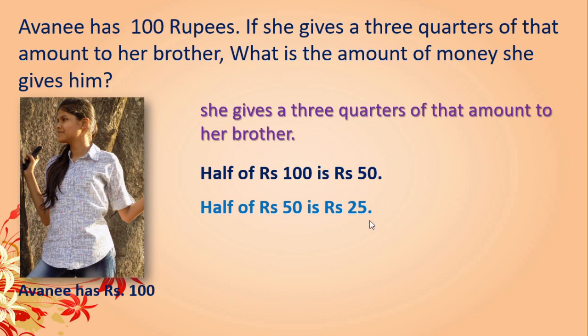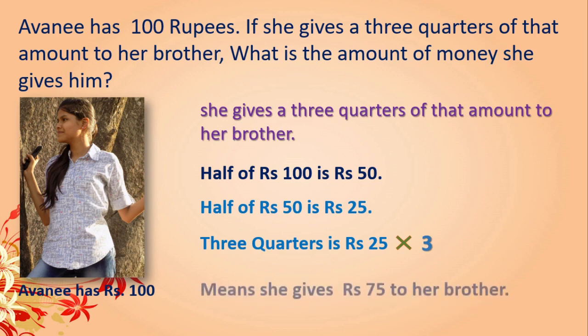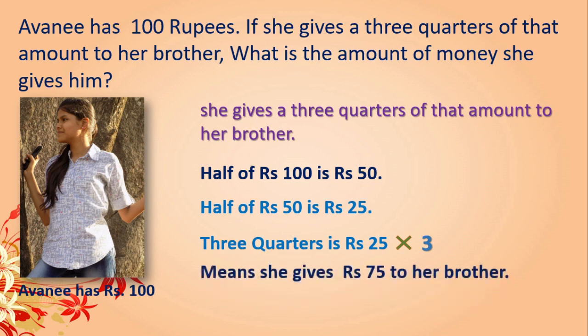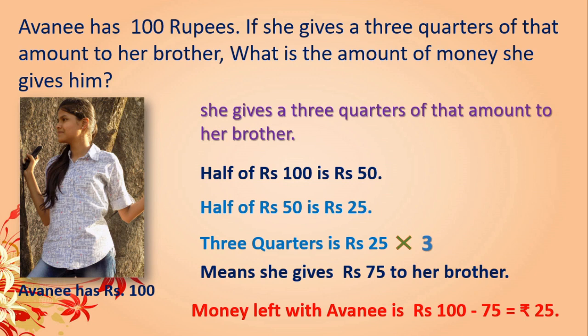This you know, correct? And what about the 3/4? 3/4 is nothing but 25 multiplied by 3. 1/4 multiplied by 3 is 3/4, right? So she gives rupees 75 to her brother. And how much is left with her? Come on, tell me. The amount left with her is 100 minus 75, which is rupees 25, right?